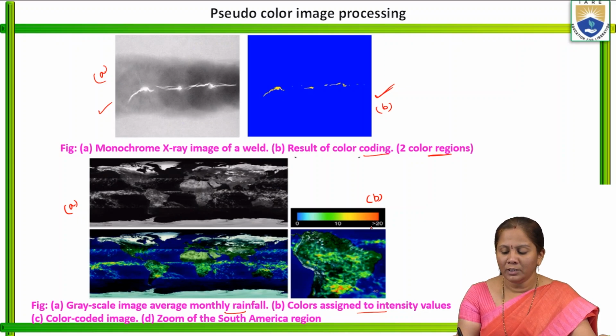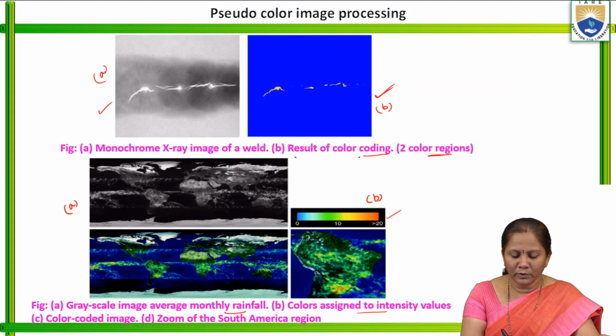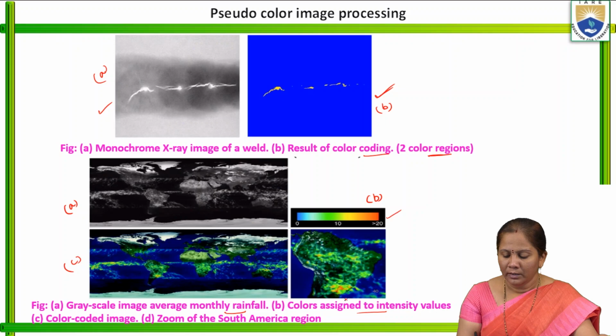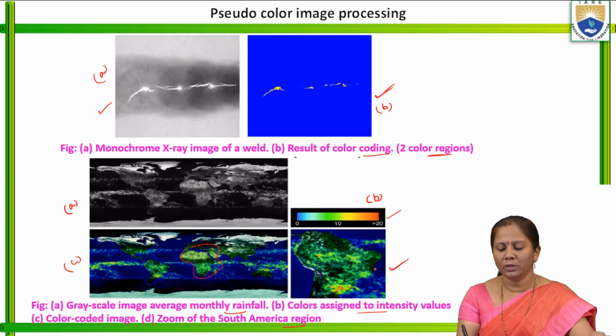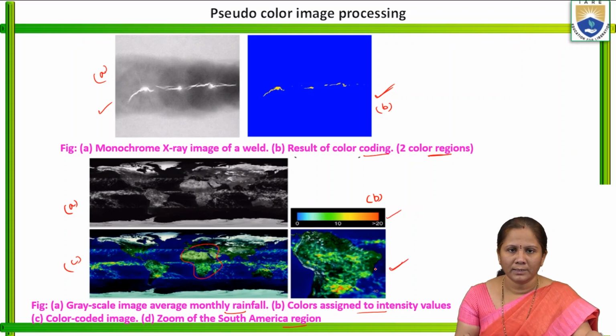So these shades of colors are available. And this C is the color coded image. Not only 2 colors, more number of colors are available. It is the same image, but they have zoomed only this region to clearly observe different colors.